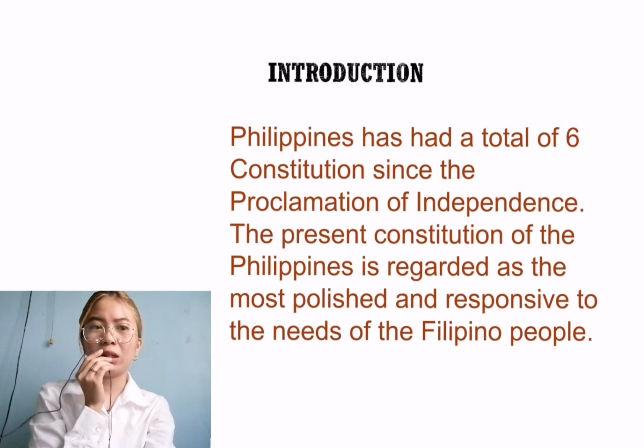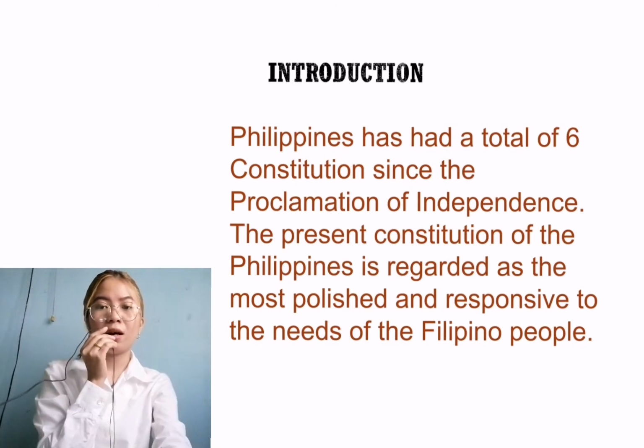Aguinaldo saw a possibility that the Philippines might achieve its independence. America defeated Spain, and that was called the Battle of Manila Bay. At that time, the first Philippine Republic was created, and that is the 1899 Malolos Constitution.